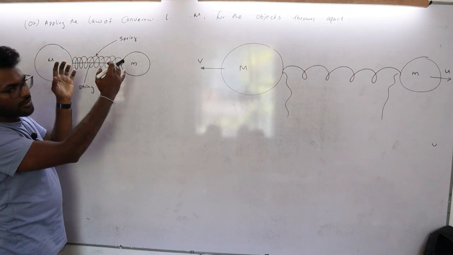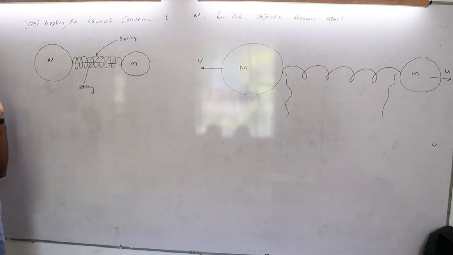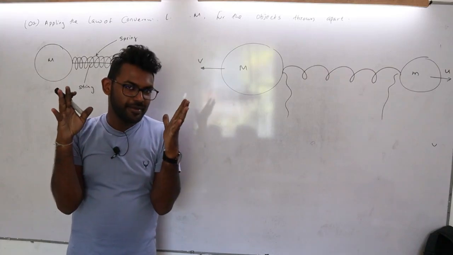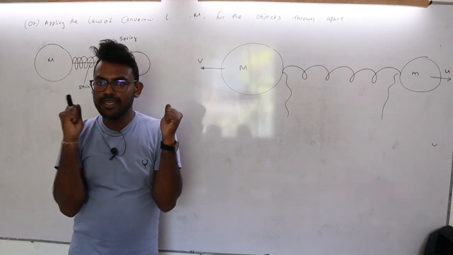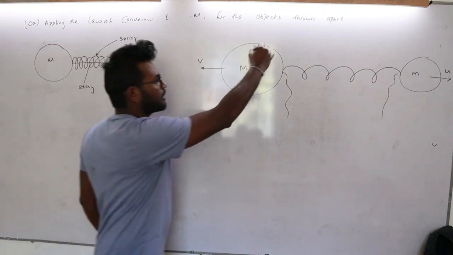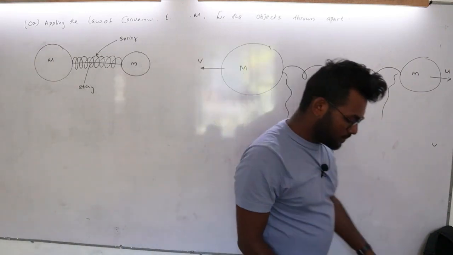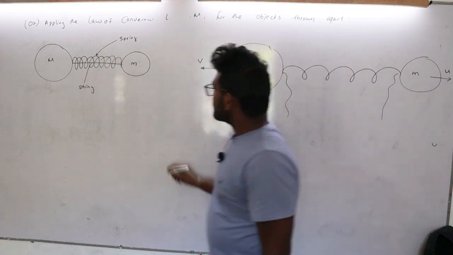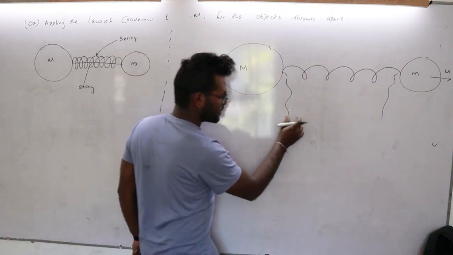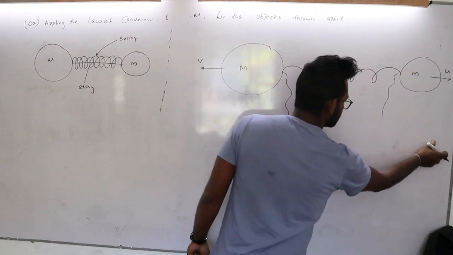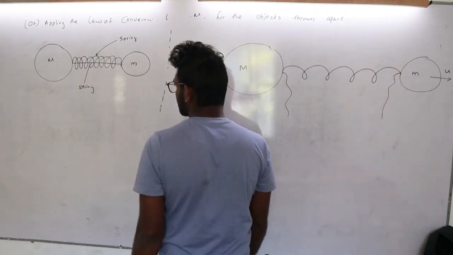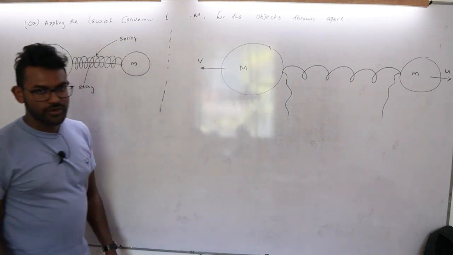We are not applying any external force, thus the linear momentum should be conserved. Is it? Yes. That's what we are going to do here. Okay, let's copy down. Just mark that this string is being cut. Now they are thrown apart.